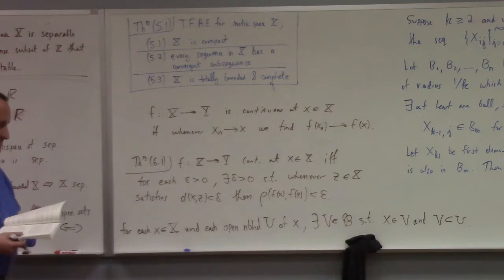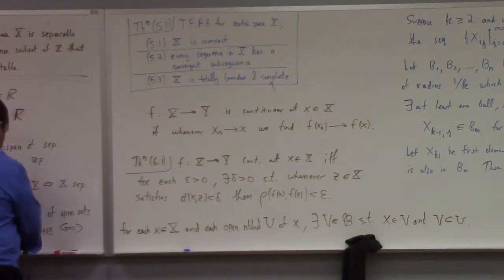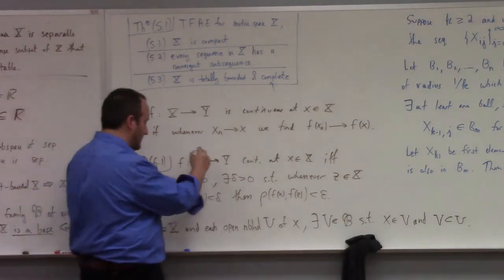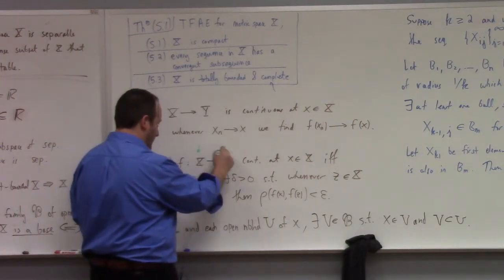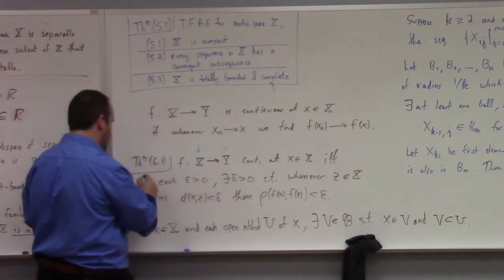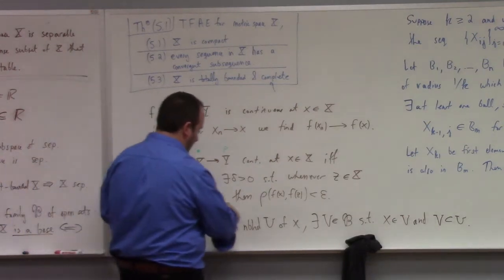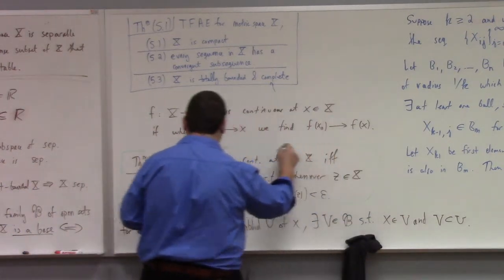What's going on here is that he's using d for the distance function in X, and he's using rho for the distance function in the range space, the codomain.